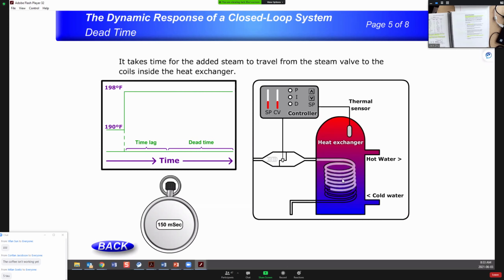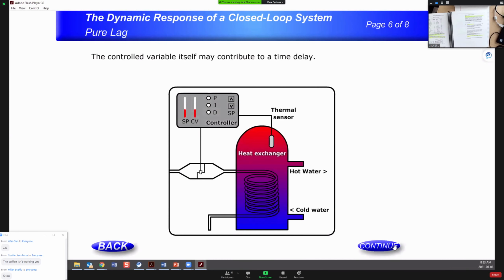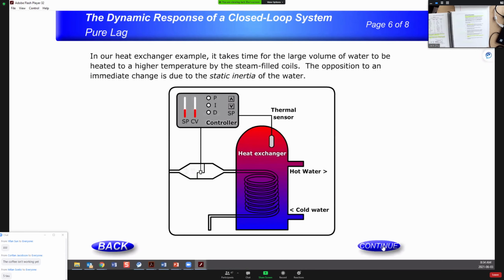Now there's more steam getting to the heating coil. So it also takes time for the water in there to be heated to the high temperature by the heating coil.